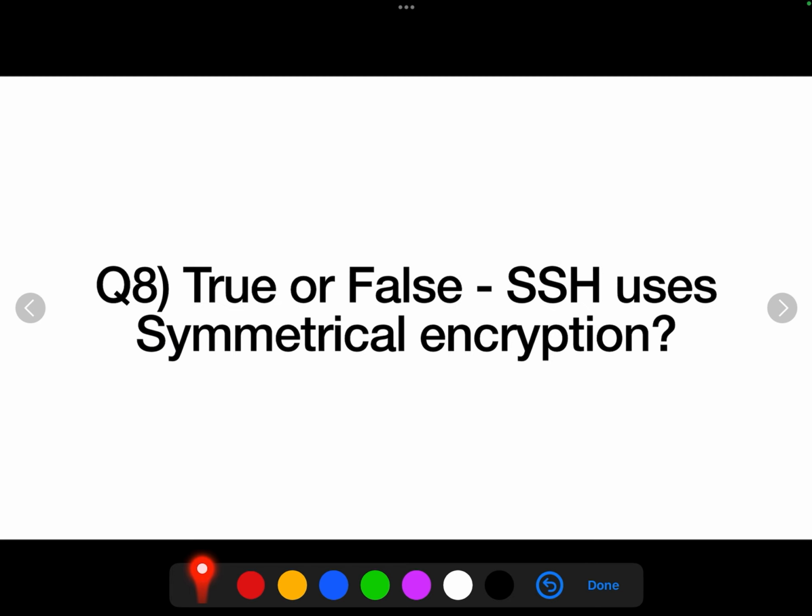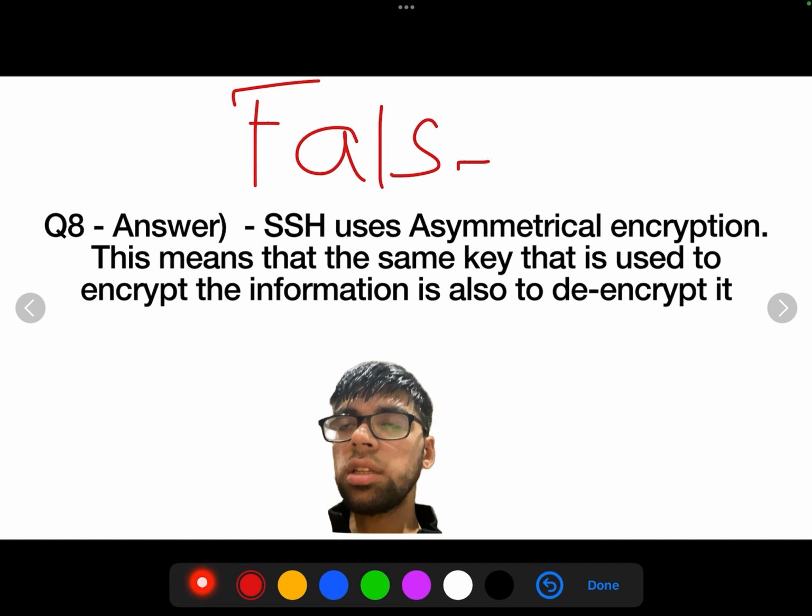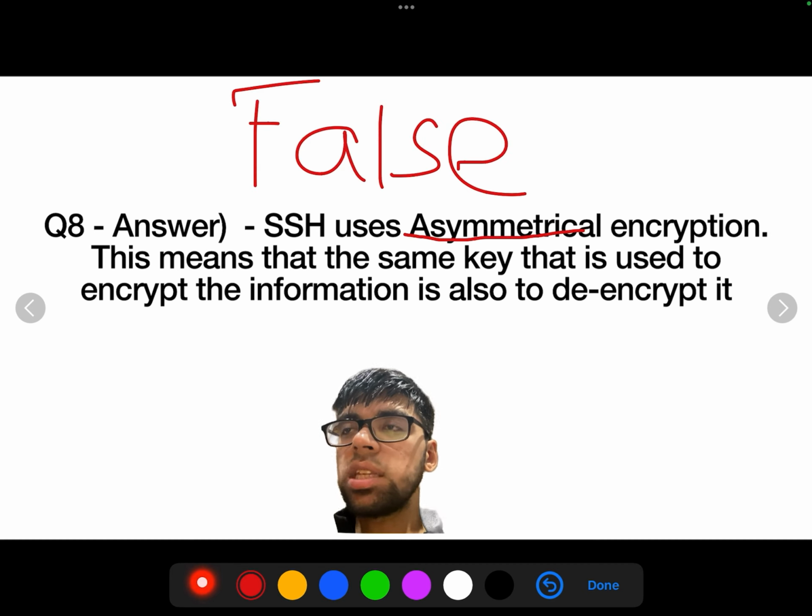Question number 8. True or false? SSH uses symmetrical encryption. Pause the video, or give yourselves 10 seconds to have a think. 5, 4, 3, 2, 1, 0. So the answer is false. SSH uses asymmetrical encryption.